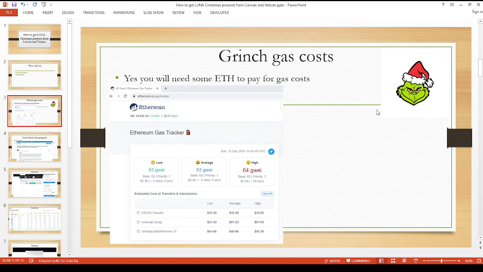It's kind of spoiling the Christmas season. So you do need some ETH to pay for gas costs and for other things. But 63 Gwei is still better than 100 and 200 and above Gwei gas costs.